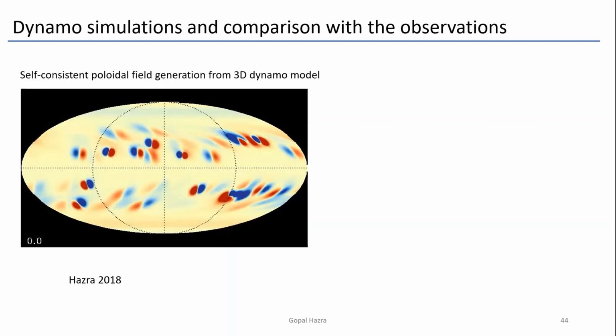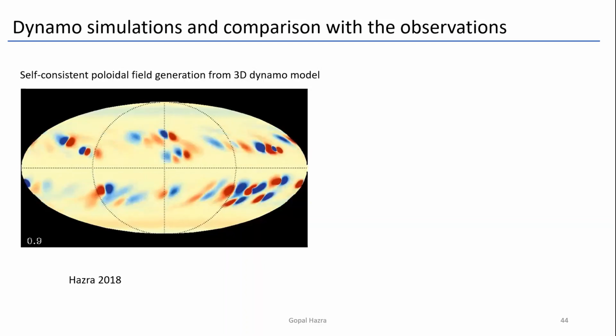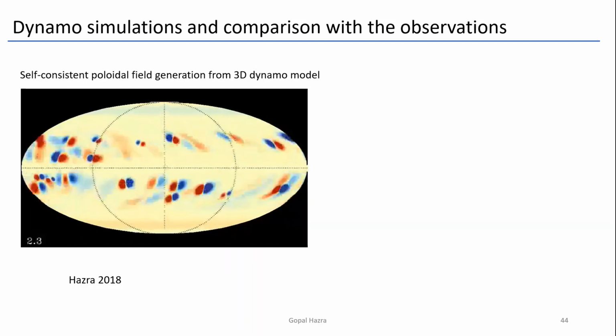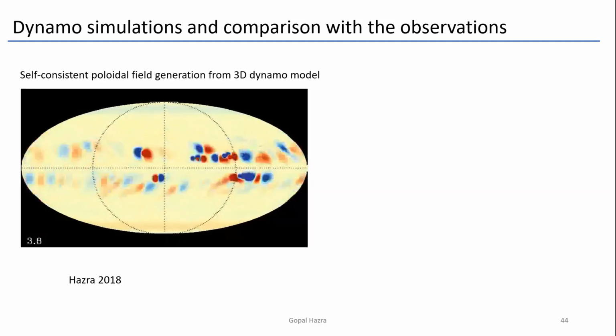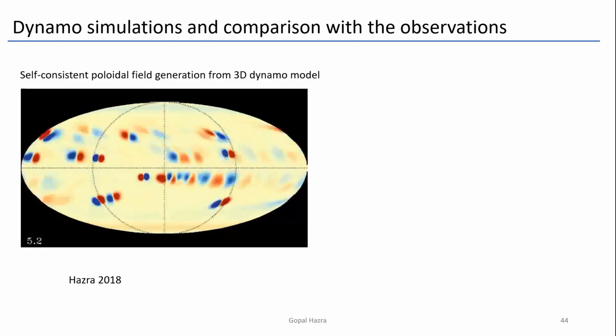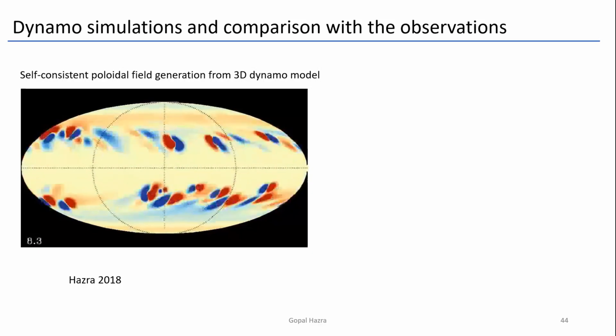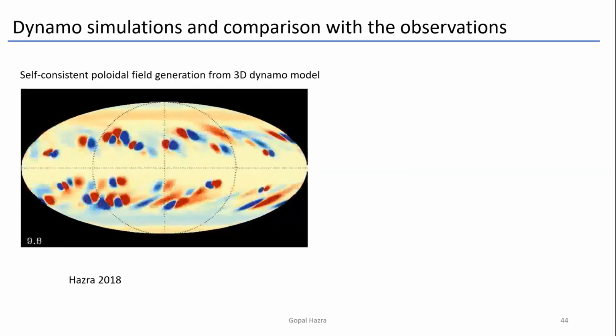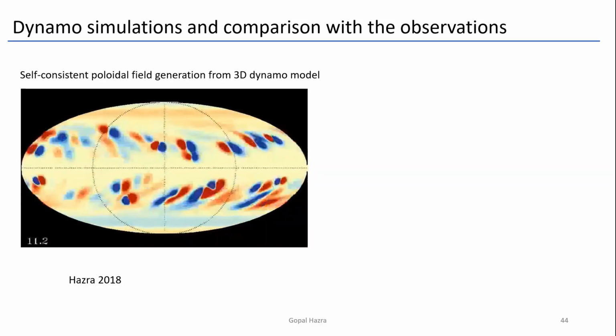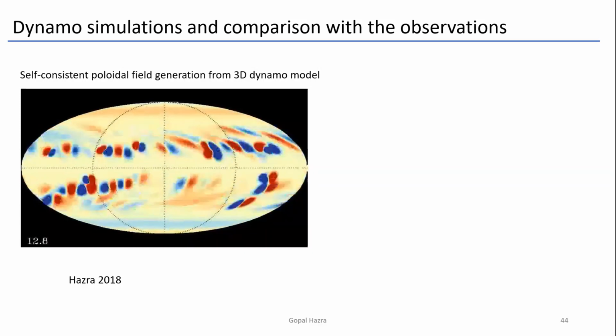When we put it in, we see it indeed creates the poloidal field. You see with time, it's a little bit fast, the sunspots decay and the poloidal field is created there. Again, another cycle starts. With this kind of 3D model, you can do all the methodology we are describing.